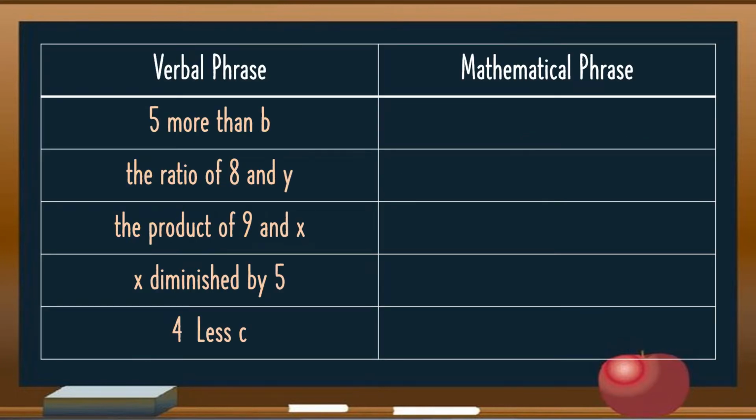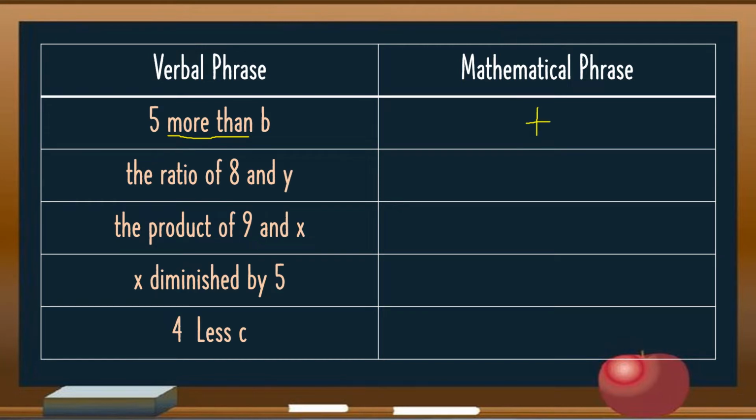Okay, example, we have this verbal phrase 5 more than B. Ang unang step is to identify the keyword. Okay, so sa first example, the keyword is more than. Alam naman natin na kapag ginamit yung salitang more than, it represents addition. So kapag ginawang mathematical phrase, that will be the plus sign.